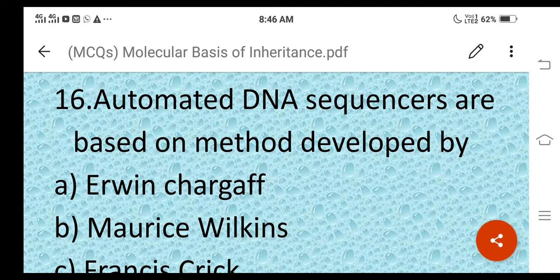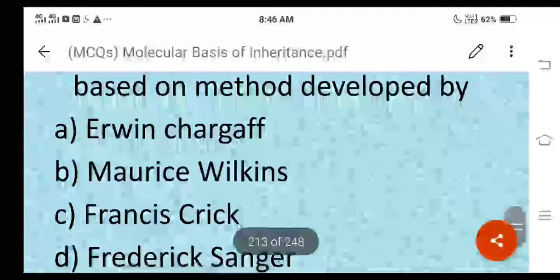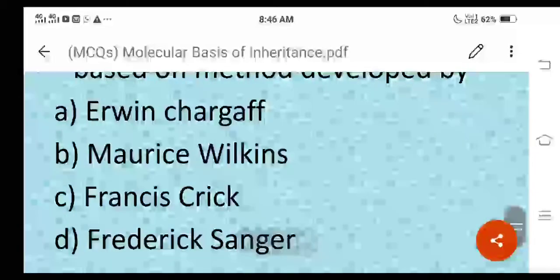Question number 16. Automated DNA sequencers are based on the method developed by. One is Erwin Chargaff, then Maurice Wilkins, then Francis Crick, then the fourth one is Frederick Sanger.